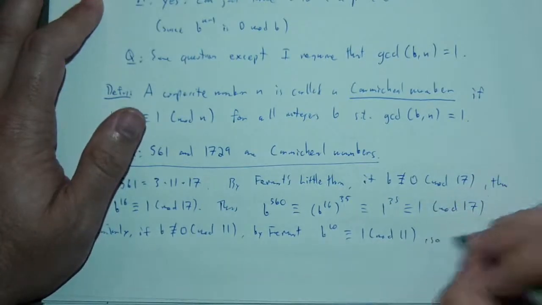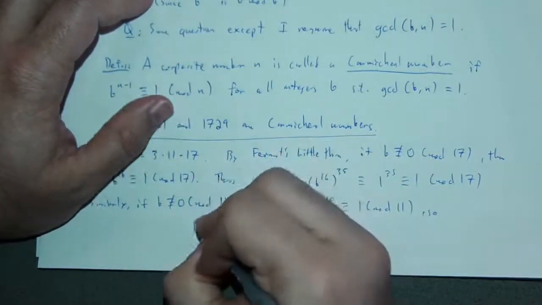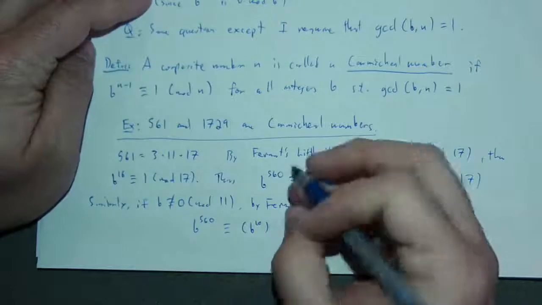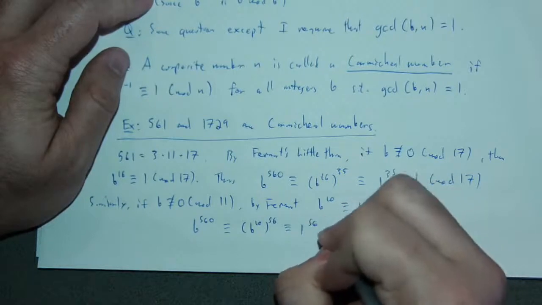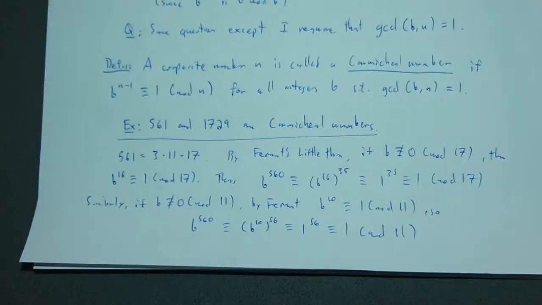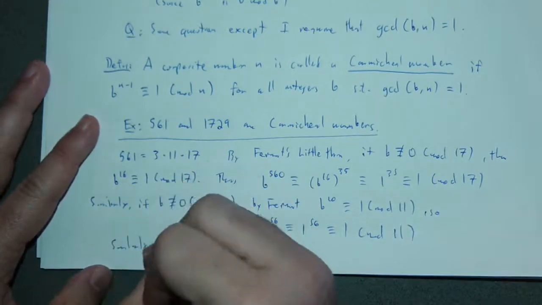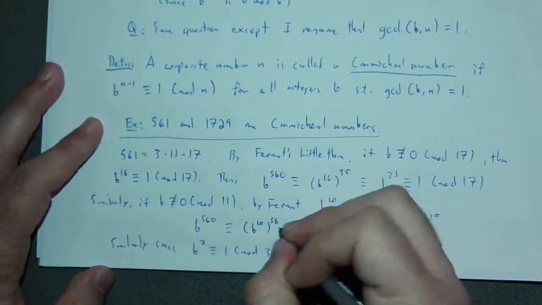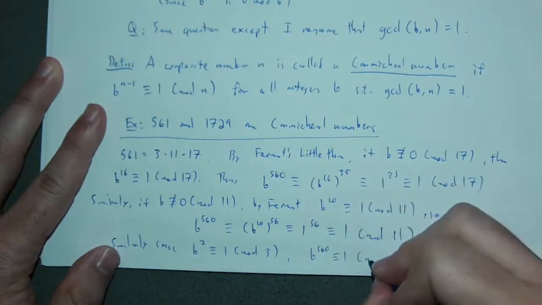So b to the 560 is congruent to b to the 10 to the 56, which is congruent to 1 to the 56, which is 1, mod 11. Similarly, since b squared is congruent to 1 mod 3, b to the 560 is congruent to 1 mod 3.